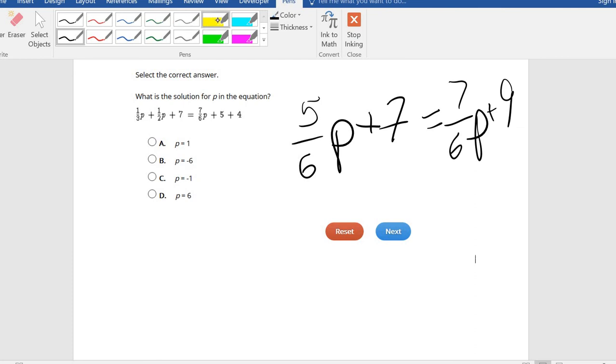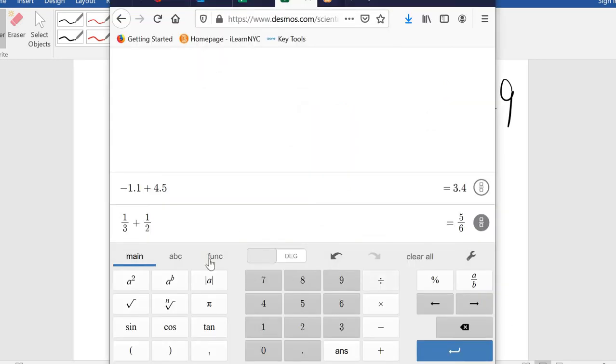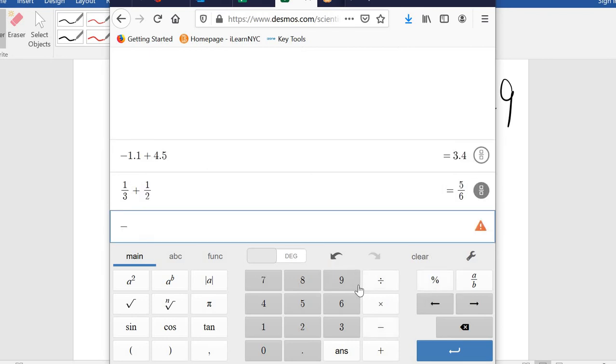So remember what I told you, right? We're going to look at our variables, and the smaller one, which is 5/6, right? Because 7/6 is bigger than 5/6. So now what I'm going to do is write 5/6 minus 5. Oh, oops, sorry.